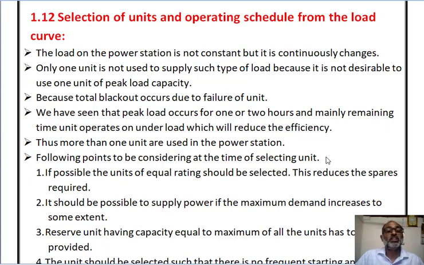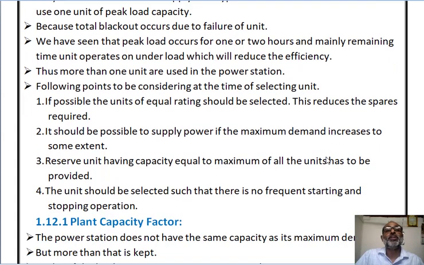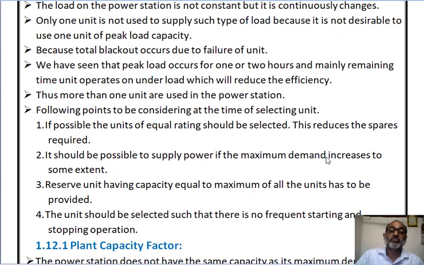So to avoid such a condition, more than one unit is used in the power station. Now the following points are to be considered at the time of selecting a unit.